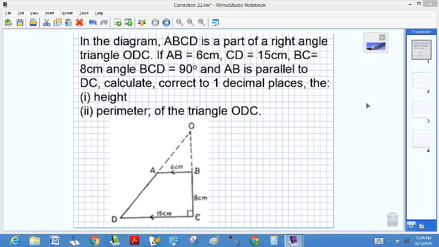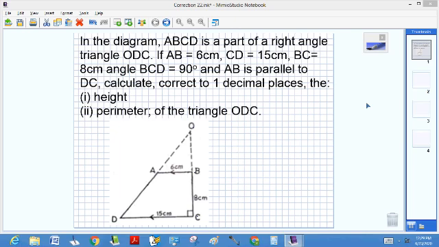The question says that in the diagram, ABCD is a part of a right angle triangle ODC.